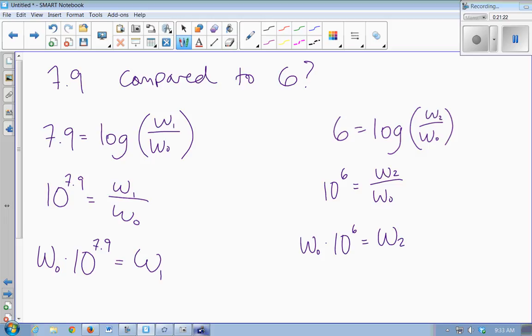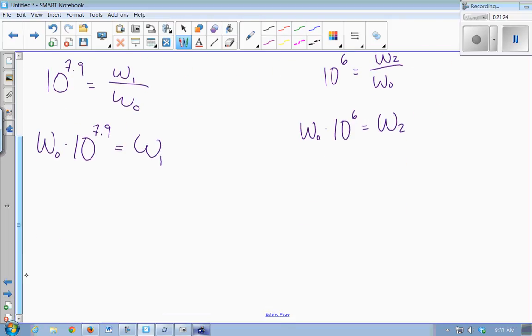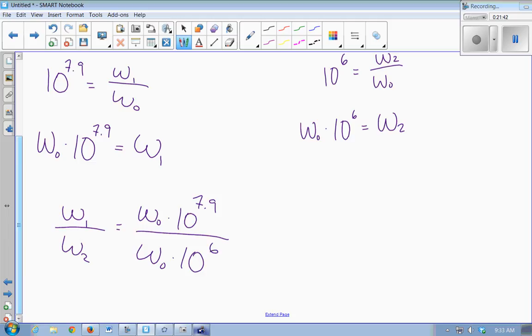So if I want to know how much bigger W1 is than W2, how much stronger the seismic waves are, I just divide W1 over W2. The bigger divided by the smaller. So I have W0 times 10 to the 7.9 compared to W0 times 10 to the 6th. Turns out I never needed to know what W0 was because they cancel. And then how do you do 10 to the 7.9 divided by 10 to the 6th? Subtract.